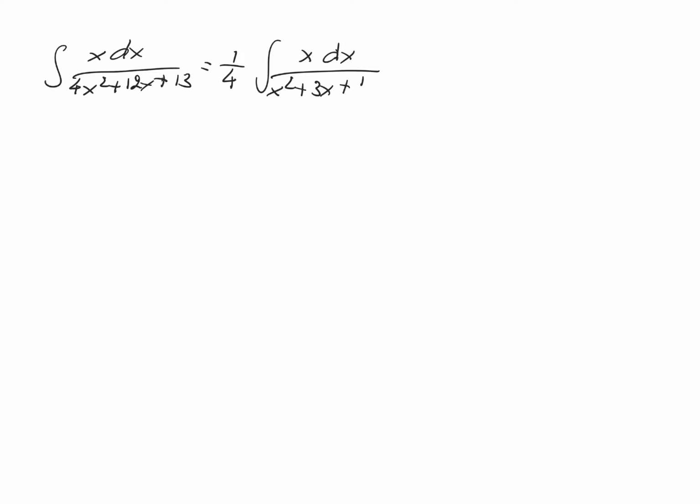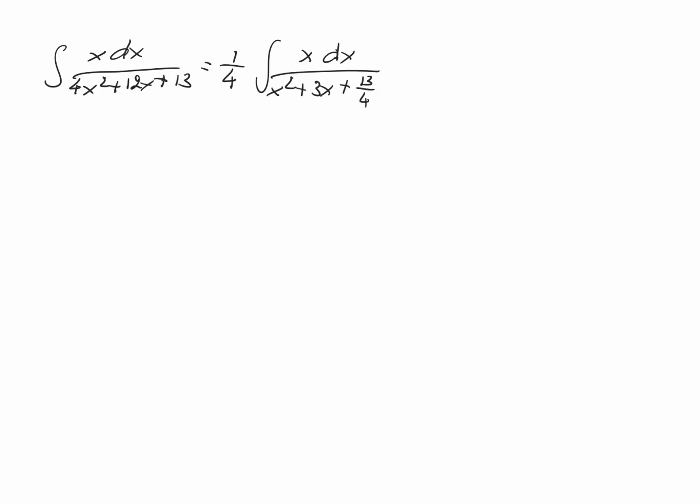Let's say we want to calculate the integral x dx divided by 4x squared plus 12x plus 13. The first thing that we will do is take out 1/4. So we get x dx divided by x squared plus 3x plus 13 over 4.